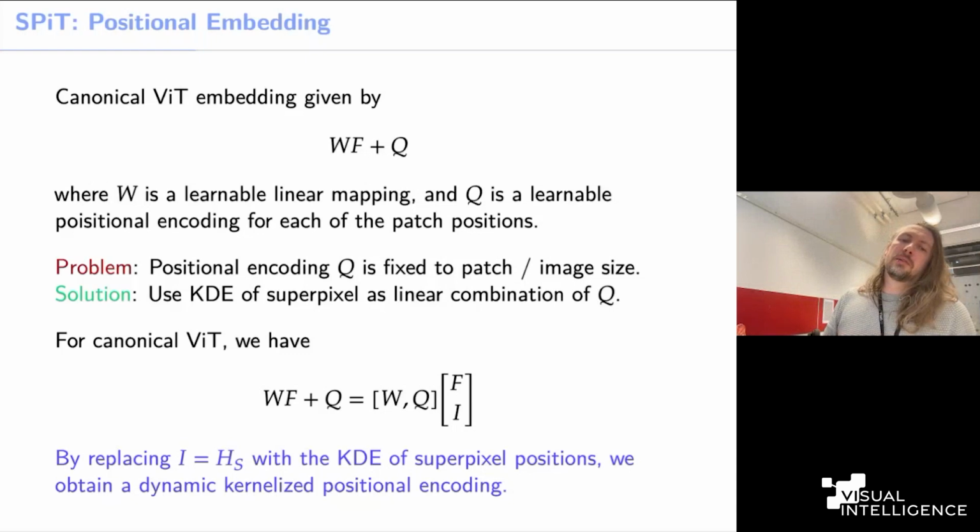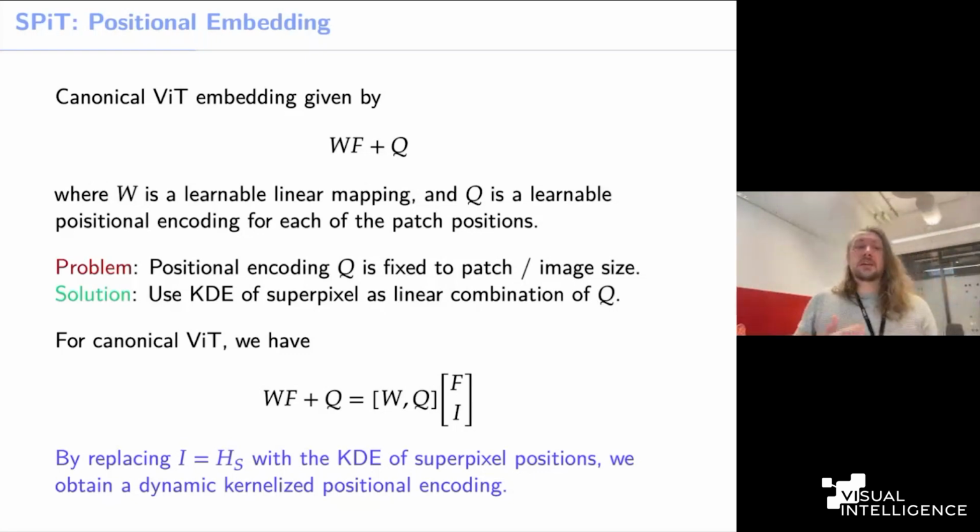So for canonical ViT, we can rewrite this, and here we use block matrix notation, as a combination of two matrices, an outer product of two row-wise block matrices.